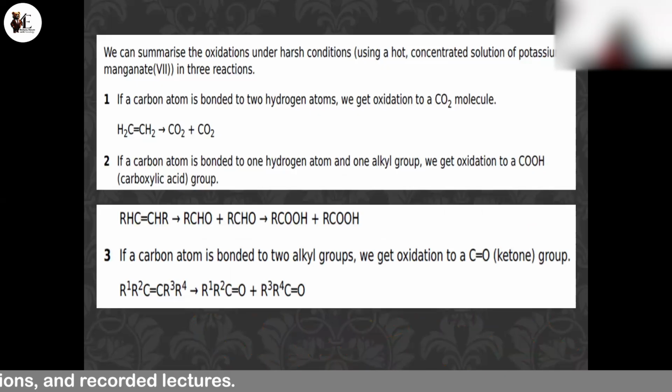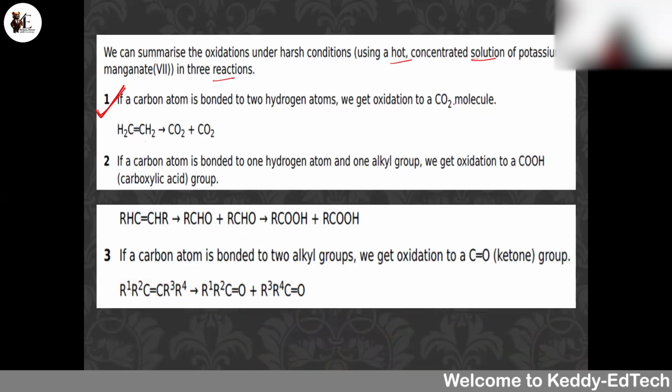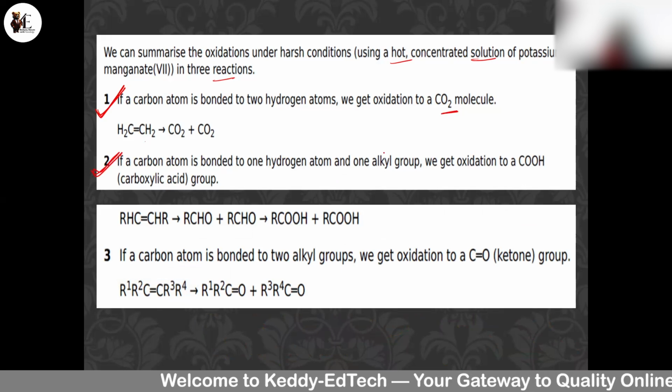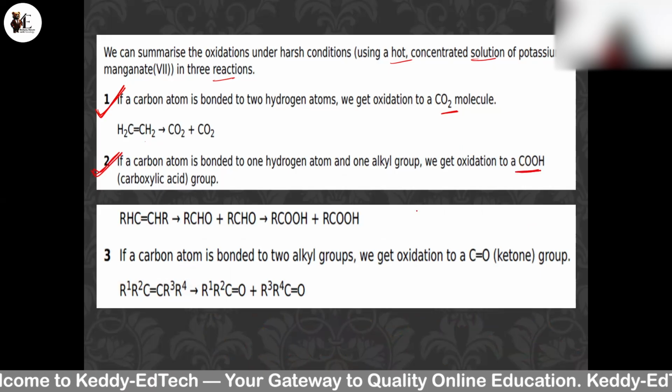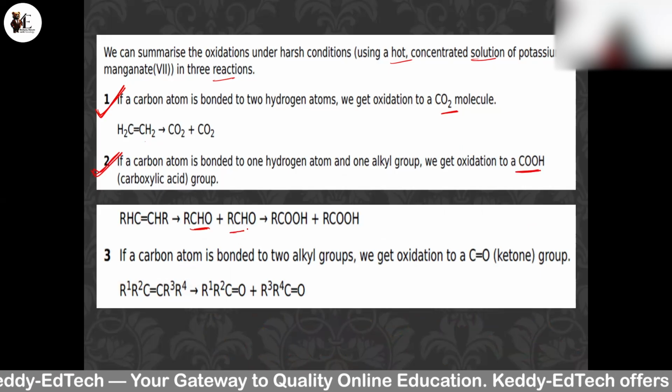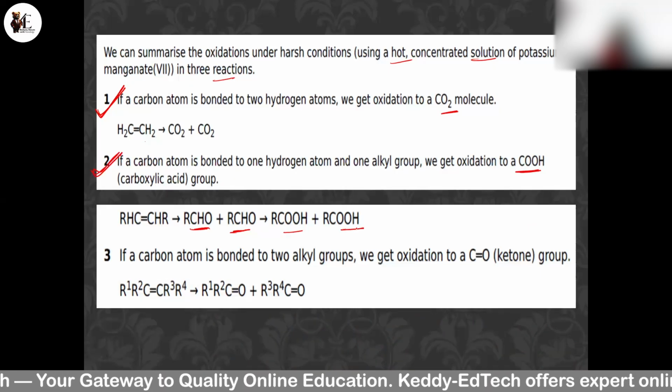The oxidations under harsh conditions using a hot concentrated solution of potassium manganate occur in 3 reactions. First, if the carbon is bonded to 2 hydrogen atoms, we get oxidation to a CO2 molecule. If it is bonded to 1 hydrogen atom and 1 alkyl group, we get oxidation to a carboxylic acid. First we have the aldehyde group, then it is further oxidized to carboxylic acid.